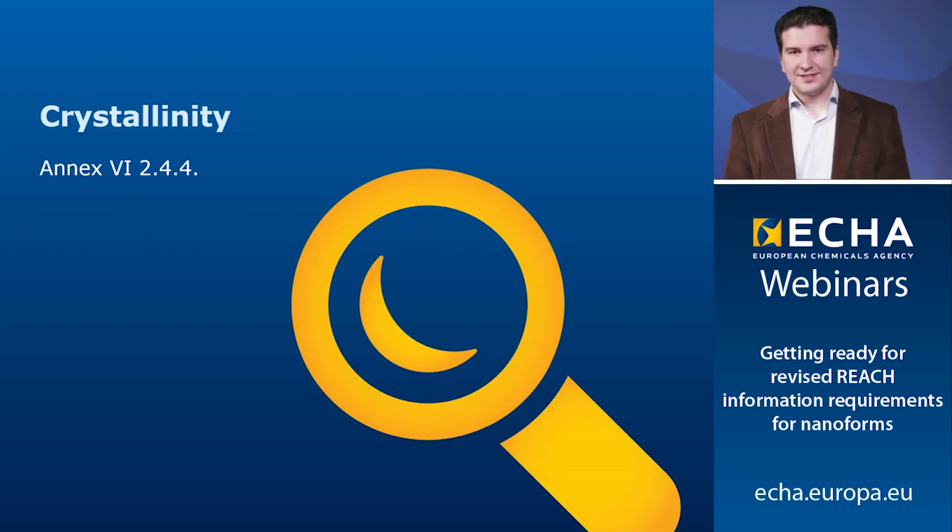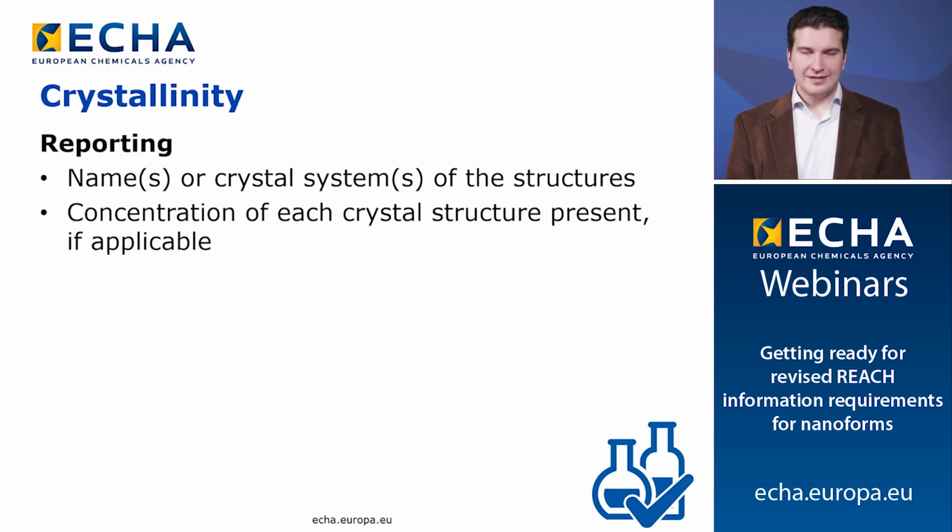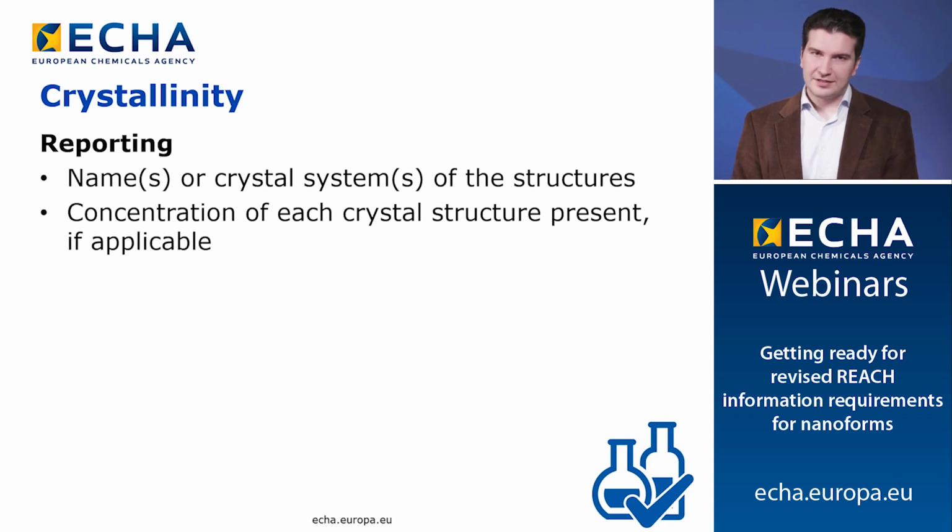Moving on to crystallinity. This is simpler than the previous two parameters. With crystallinity, we ask you to report the information about the names or crystal systems of the structures involved in your particular nanoparticle. And then you need to provide information about the concentration of each crystal structure present if there are multiple crystal structures present as part of the nanoform.